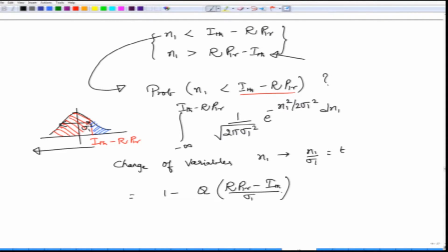So, in terms of the Q function, this is what you are going to get, okay. This of course makes sense, right, because this one is (R P1R minus I_TH) divided by sigma 1, okay, and from that area 1 minus of that is what you are going to get as the area under the other portion. So, you have to do this one a little carefully to see that this expression is all right, okay.